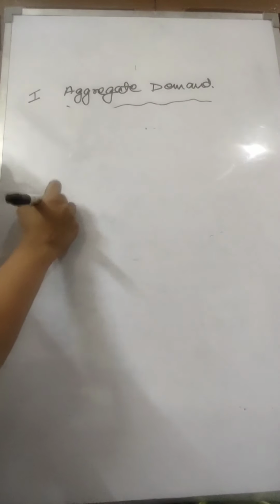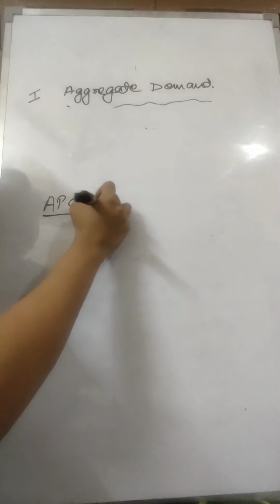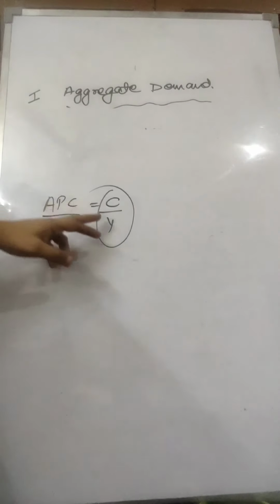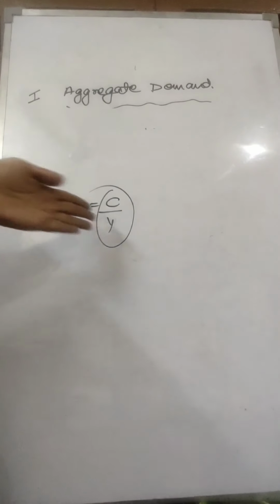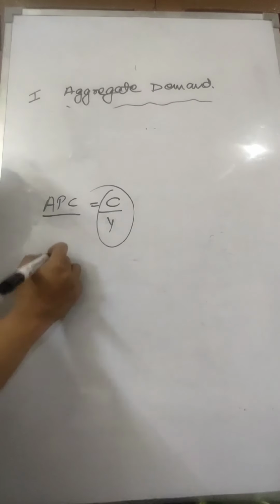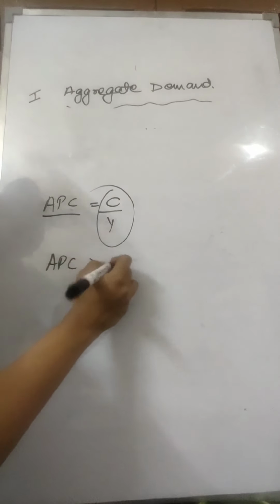Coming to a diagram and its features, average propensity to consume has the following features. APC, as I stated, is the ratio of consumption to income. That is how much your consumption is changing with the level of income. So what values can APC take? First of all, APC can be greater than 1.